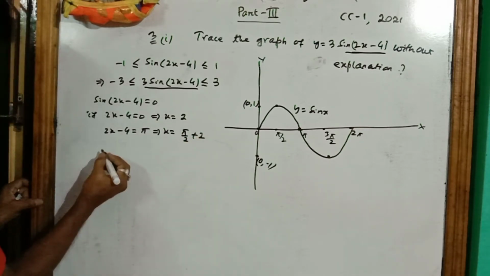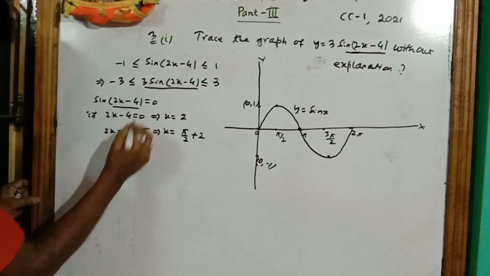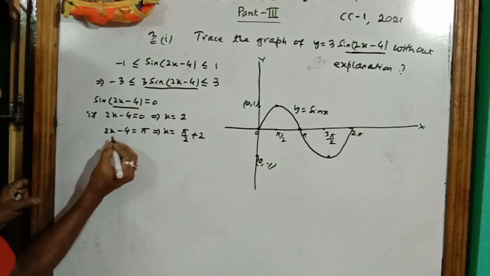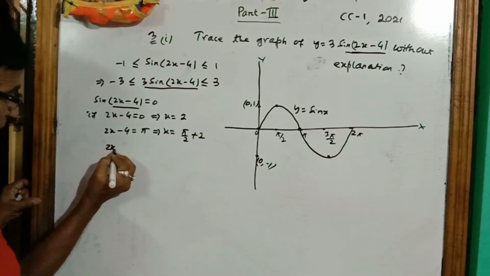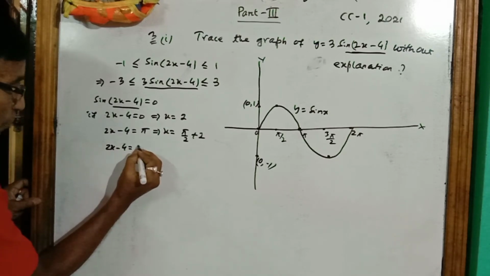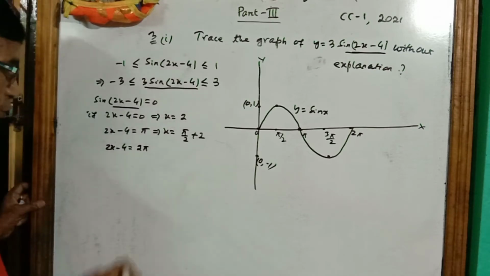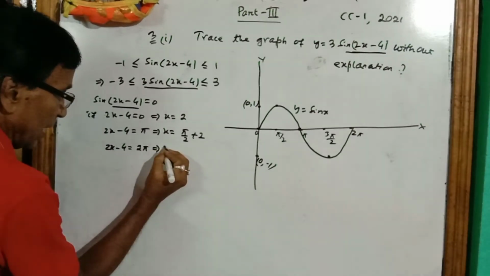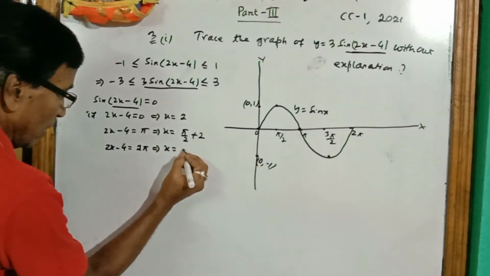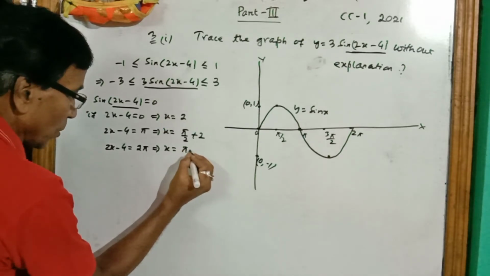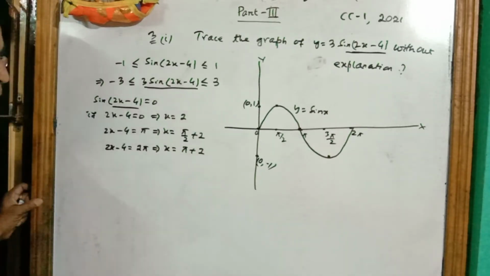Again, sine of (2x minus 4) will be 0 if 2x minus 4 is equal to 2 pi. That means from here we are getting that x is equal to pi plus 2.